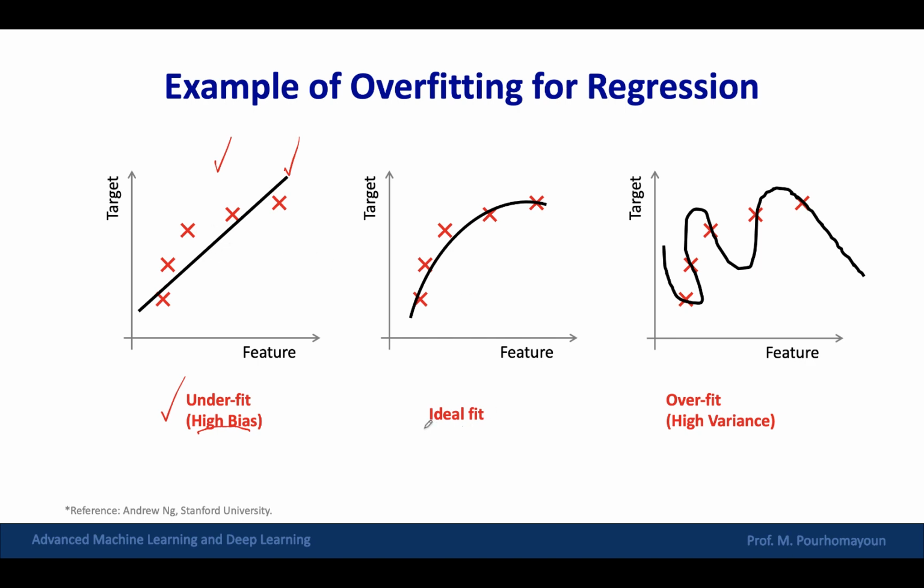This is ideal fit, when we have a pretty good model for our data, but still, look, there are some errors here. These are some errors, but that's okay. Now look at this model. Maybe error is 0 for this case because it passes through all of these samples, okay?